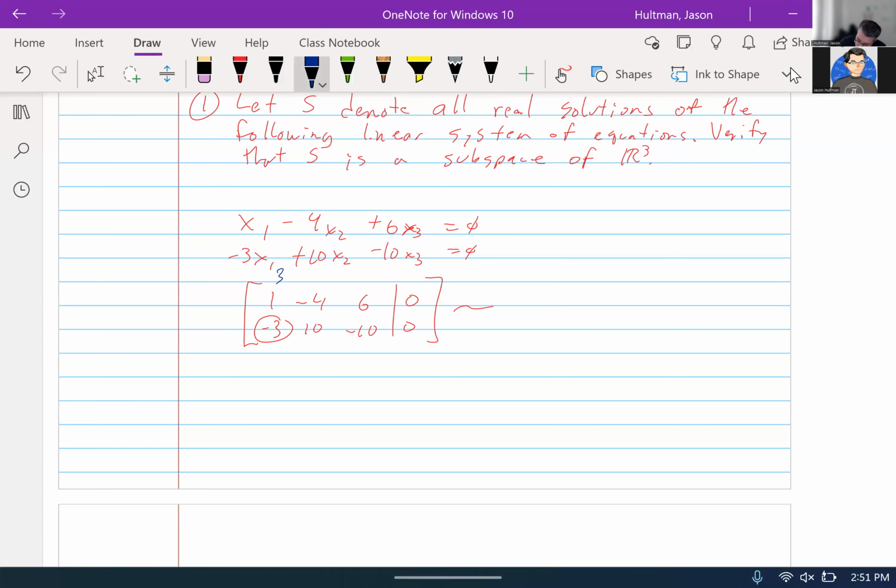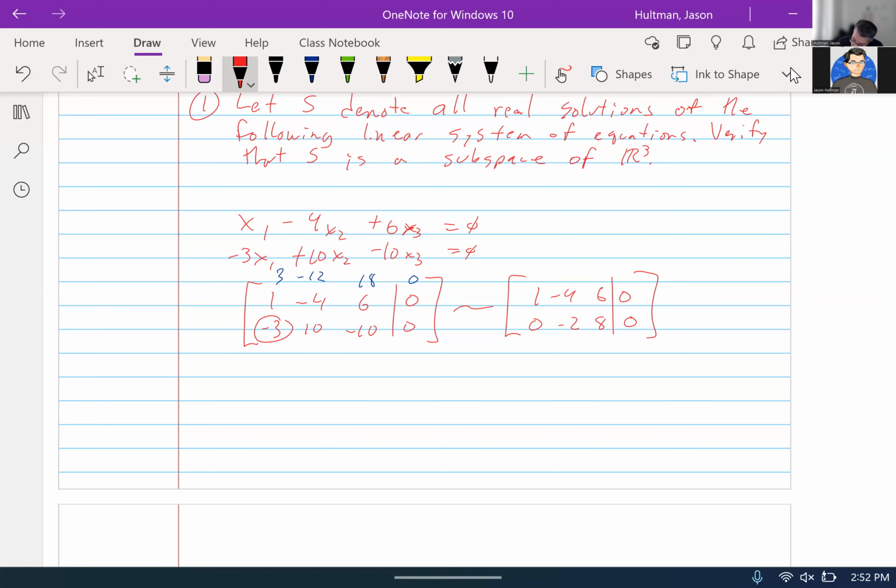So 3, negative 12, 18, and 0. I'll be left with 1, negative 4, 6, 0, and 0, negative 2, 6, 8, and 0.